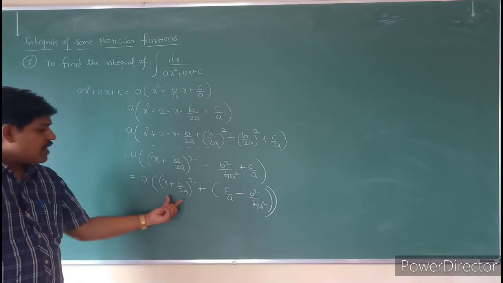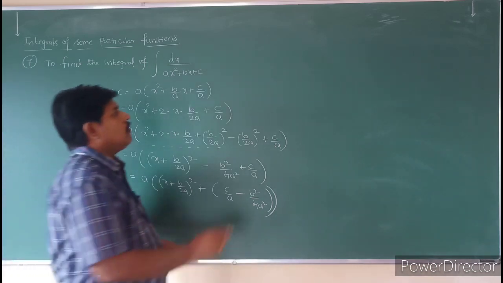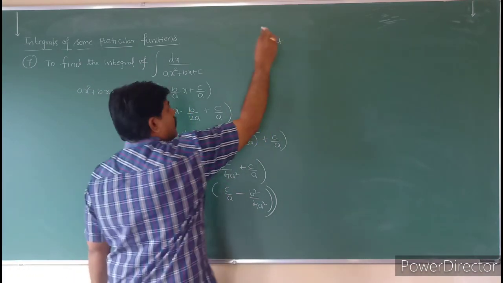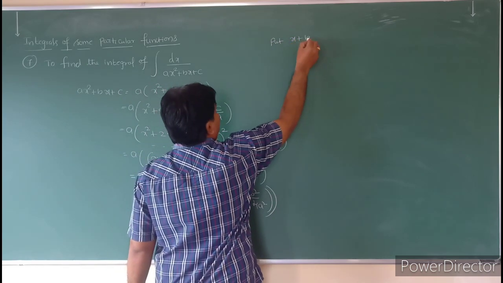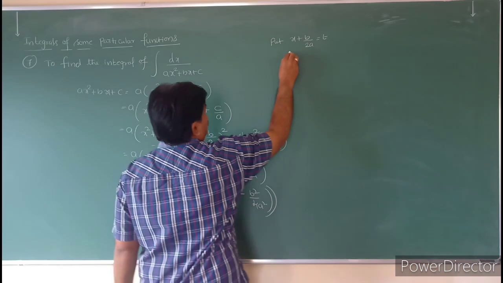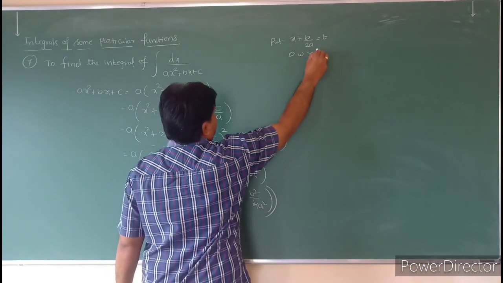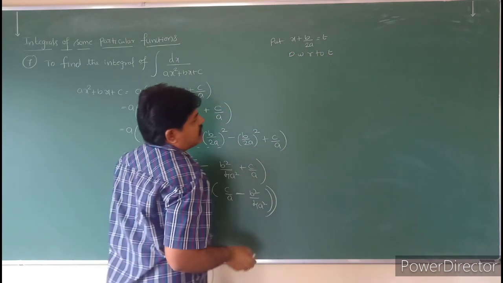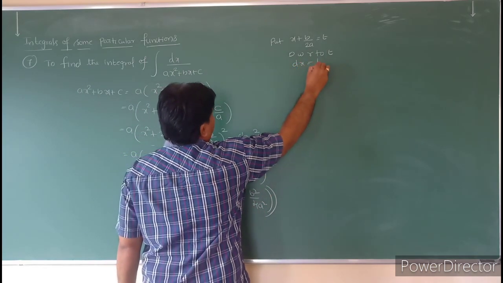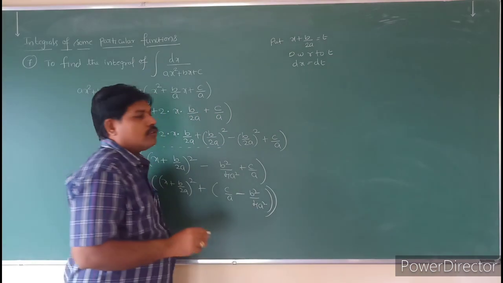After that, take this value as t. So put x plus b by 2a is equal to t. Differentiate with respect to t, what happens? dx is equal to dt.